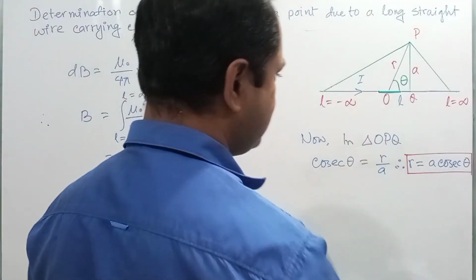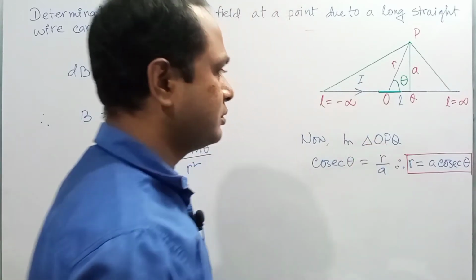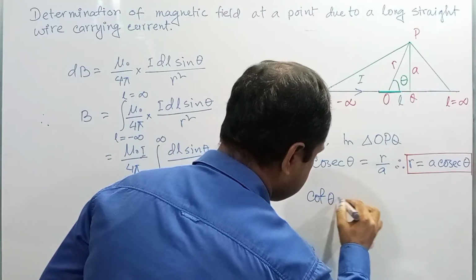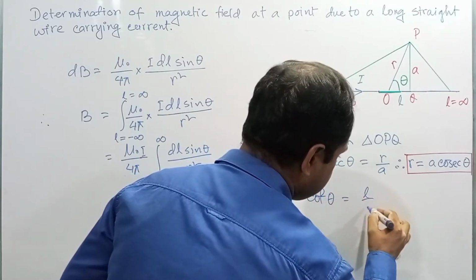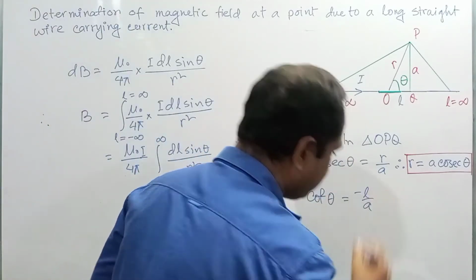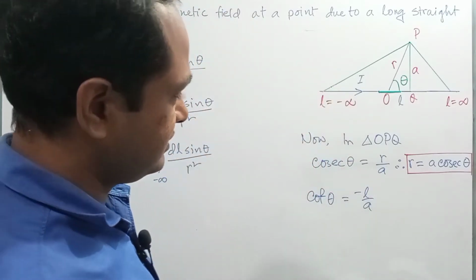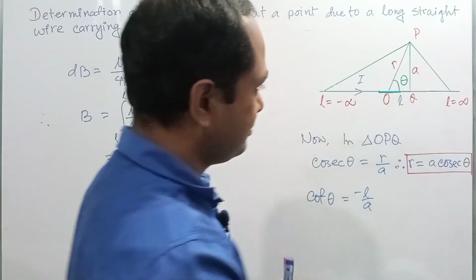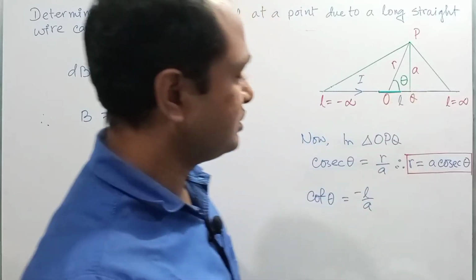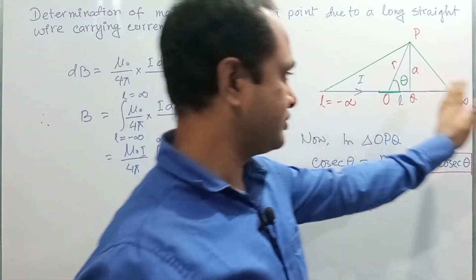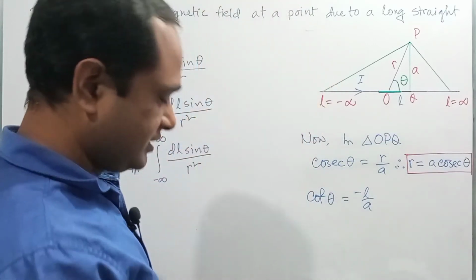Again from the same triangle OPQ, we can write that cot theta is equal to L divided by A. But here we use a minus sign for a special purpose, because length is a variable quantity. If Q is the midpoint, then on the negative side L will be negative and on the positive side L will be positive.